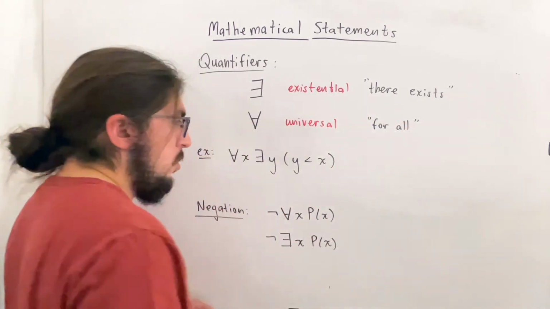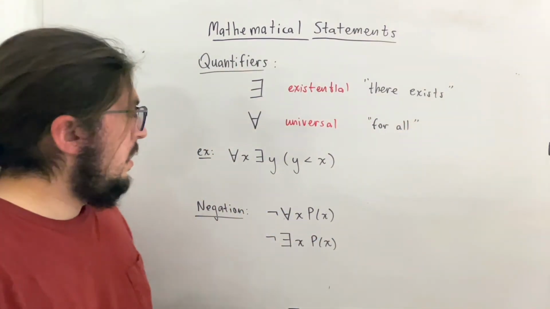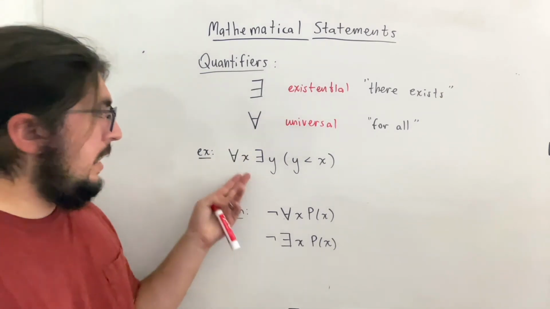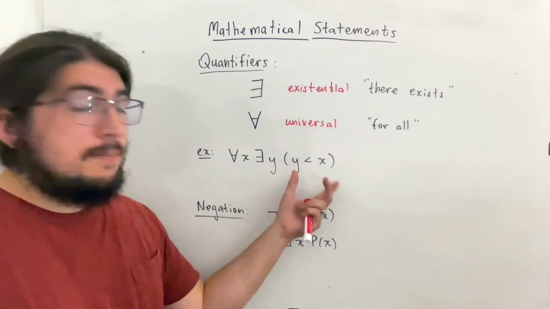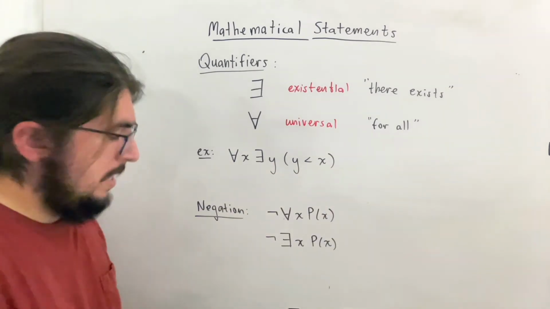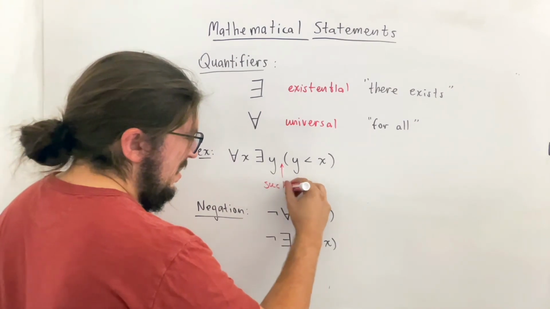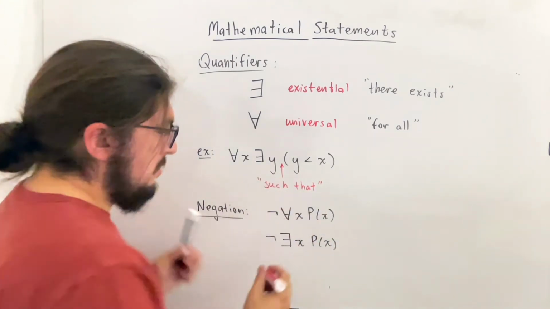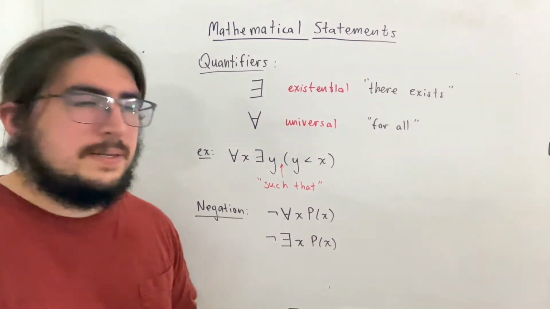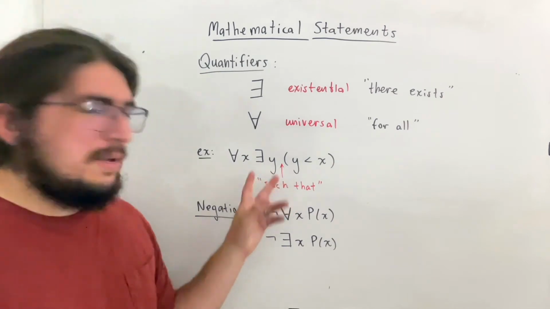The reason it's called a quantifier is because we're quantifying some variable. We're saying something about the variable. So for example, this statement says, for all x, there exists a y. And after that, there is an implied such that. Such that is a weird part of a mathematical or logical statement like this, because it's kind of like multiplication in some sense, because it's implied.